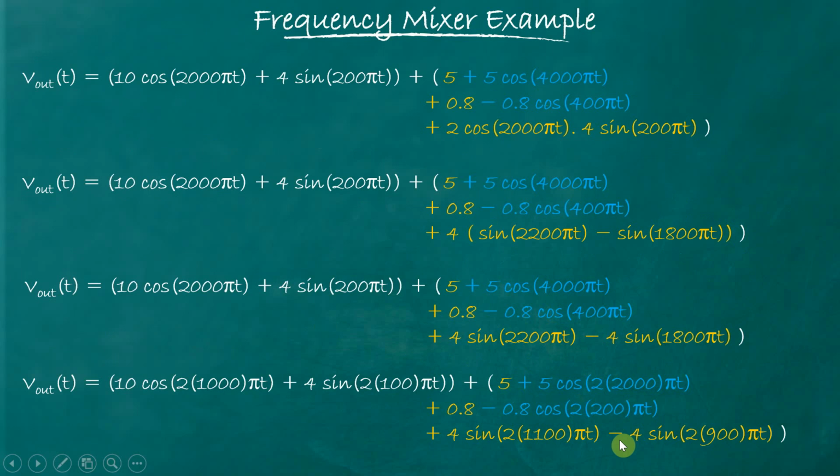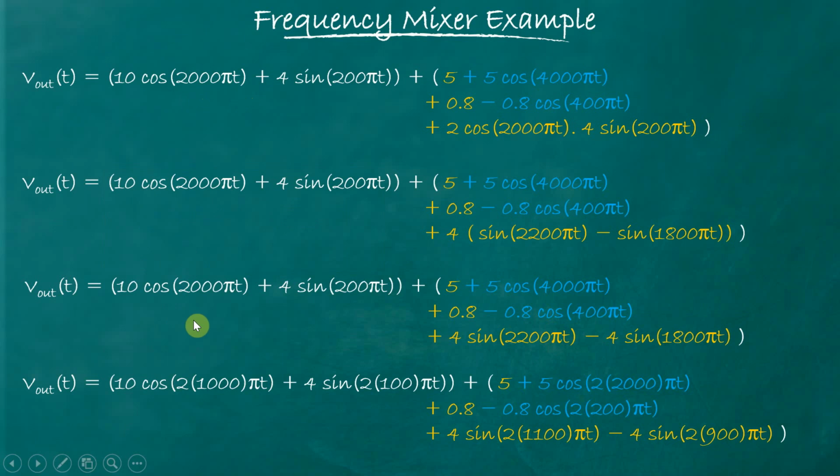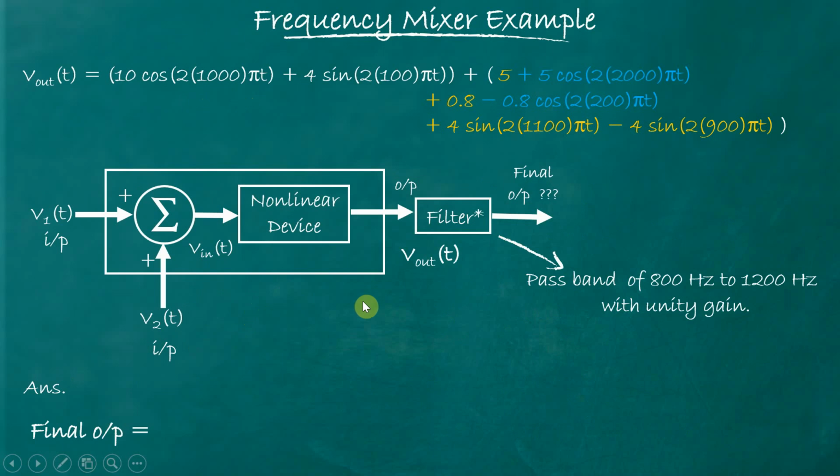Finally you will get this equation of output voltage, v out(t) is equal to 10 cos 2 pi into 1000 t. Actually it was 2000 here, but it is converted into 2 pi f t format.